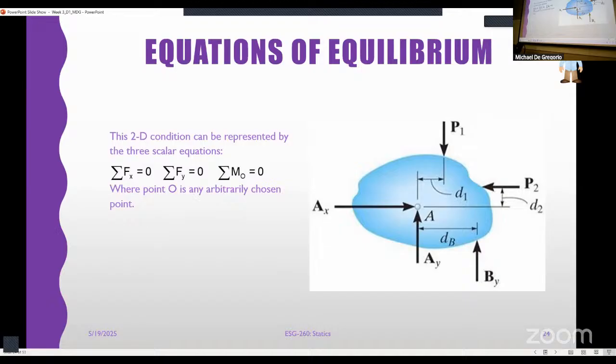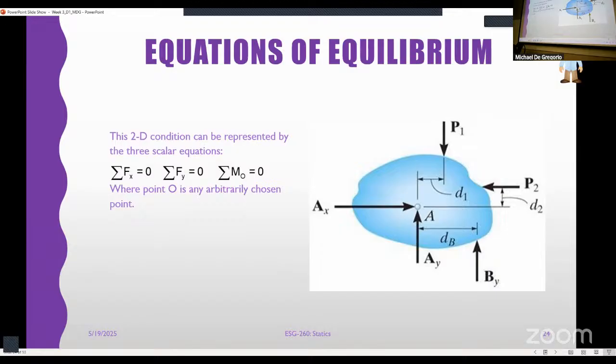So if we have our potato here and we sum all of our forces X, Y, and moments about any point that we're interested in, we can find the solution to the unknowns, right? This also constrains 2D problems to having three equations with three unknowns. I can't ask you to solve more unless we had a fourth equation for a fourth unknown.